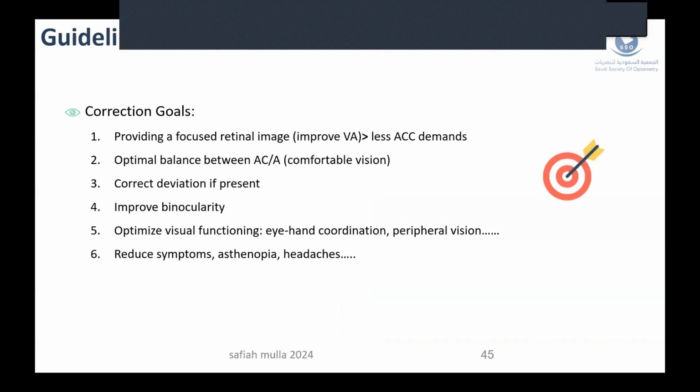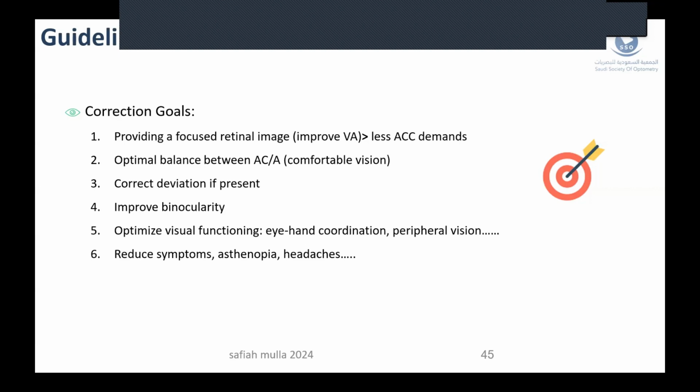So you got to improve the visual acuity of the child, which will make the accommodation less. I mean, the demand for the accommodation will be less. Having an optimal balance between the accommodation and the convergence so that the child will have a comfortable vision. Correct the deviation if it's present.